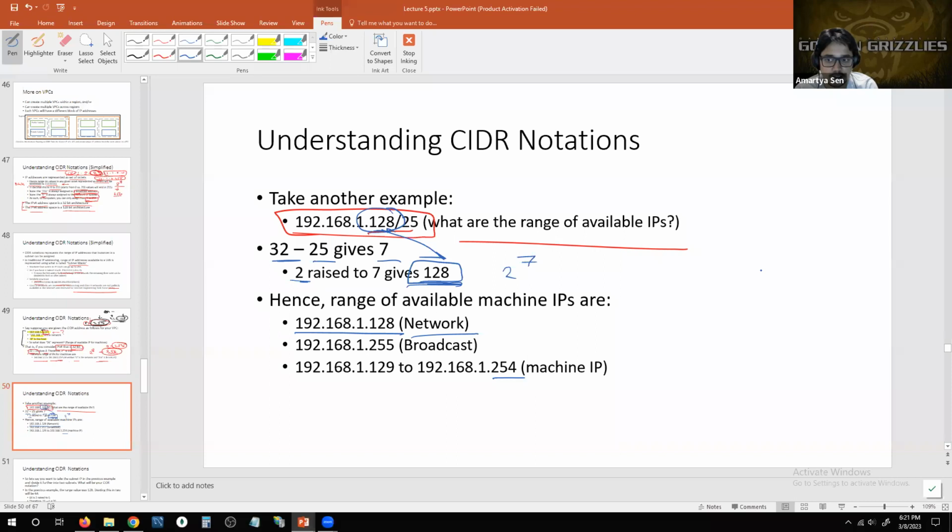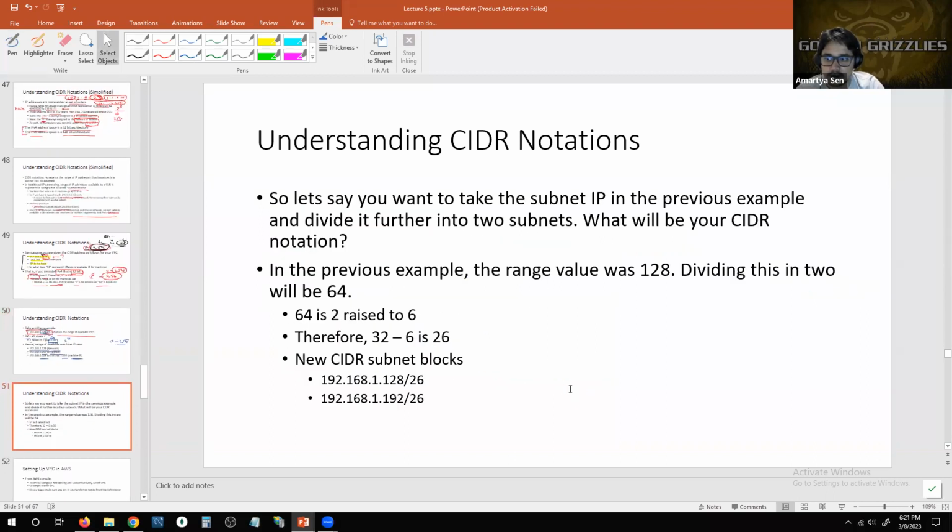Since the notation ranges from 0 to 255, the last number is going to be 255, and that is going to be your broadcast IP address. Anything in between, 128 plus 1, which is 129, to the last number minus 1, which is 254, will be the available machine IP addresses at your disposal, and that is what will be assigned to the CIDR notations, right?